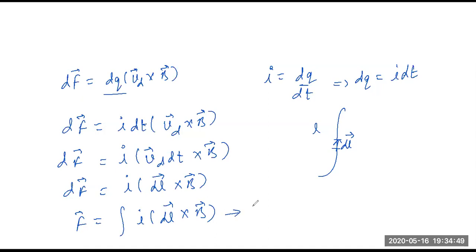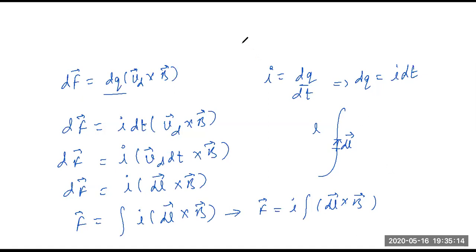Now if, let's say, you want to integrate it, then I is a constant. Integration of dl cross B. And for example, I'm assuming that the angle between them is 90. If you take sin theta also, it doesn't matter, but let's assume the angle between them is 90.